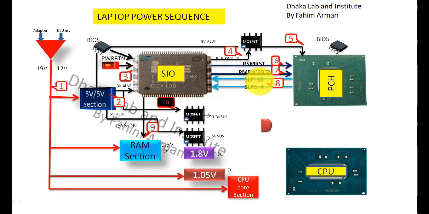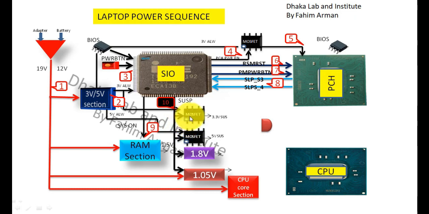and then SIO will provide to the RAM section, and then the RAM section will pass 1.5 volt. And in the 10th step, SIO will pass the SUSP signal. First it will go to that MOSFET.